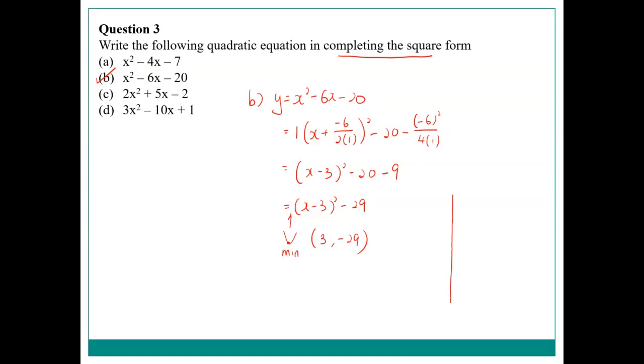This is located at x equal to 3, and y is located at -29. And then the y-intercept is -20, so say -20 is here. So the graph looks like this. It passes through here, and this is the minimum point. The graph looks a little bit ugly, you can correct it and make it better.